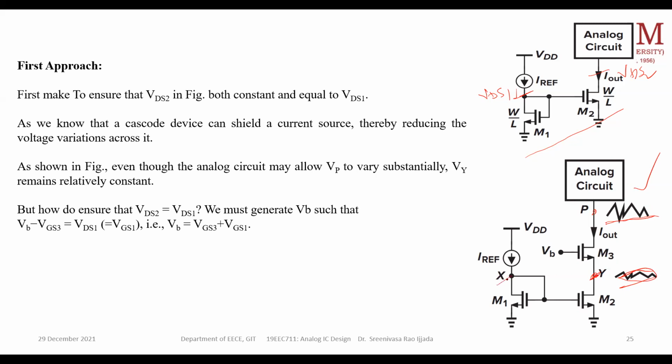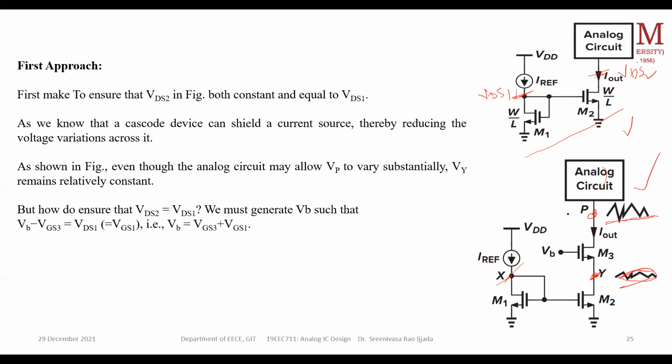Y should be constant. From the basic picture, whatever the voltage here, it should be constant and equal to this value. Of course, Vp is the potential developed by this entire analog circuit. I don't know the size of the analog circuit; maybe many transistors are there. Anyhow, the potential there is varying.